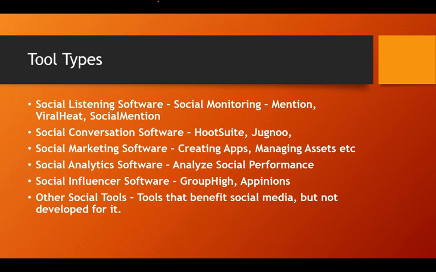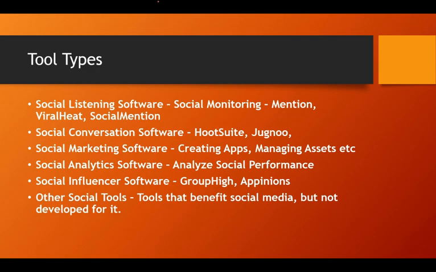So the first one, social listening software. This is essentially when you hear the term social monitoring. Now, Google Alerts has a free version out where you can put a keyword in and it'll essentially tell you everything that's happened recently with that keyword, but only across social media, right? But there's much more robust platforms out there that do this a lot better than Google Alerts.